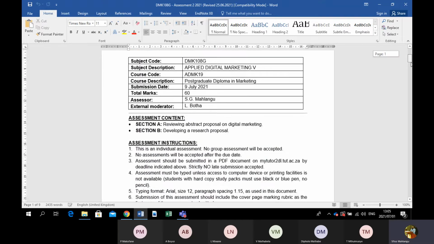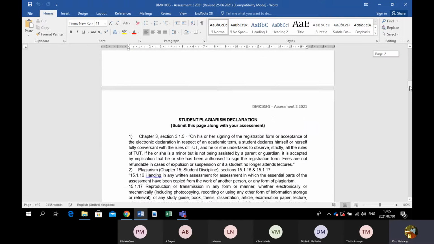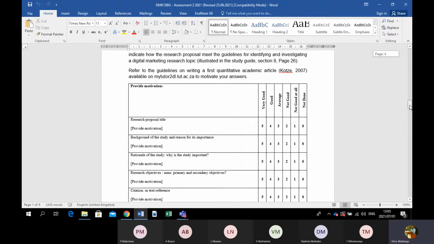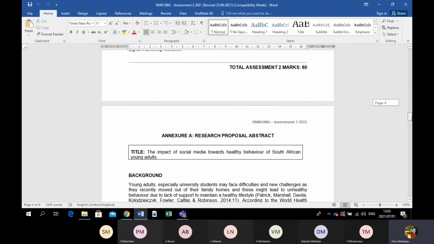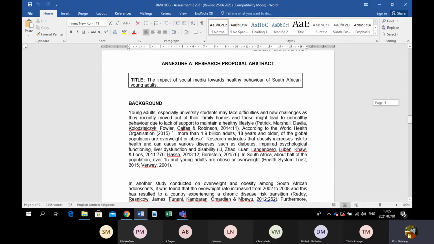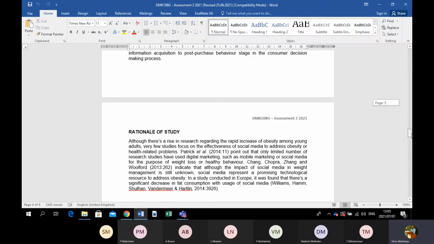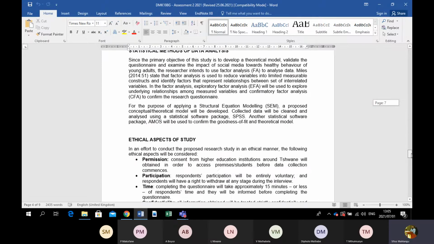And you go to section A. It says reviewing abstract proposal on digital marketing. Read the research abstract in Annexure A. And if you go down, you've got your Annexure A and you've got that research proposal. So you have to review this research proposal.